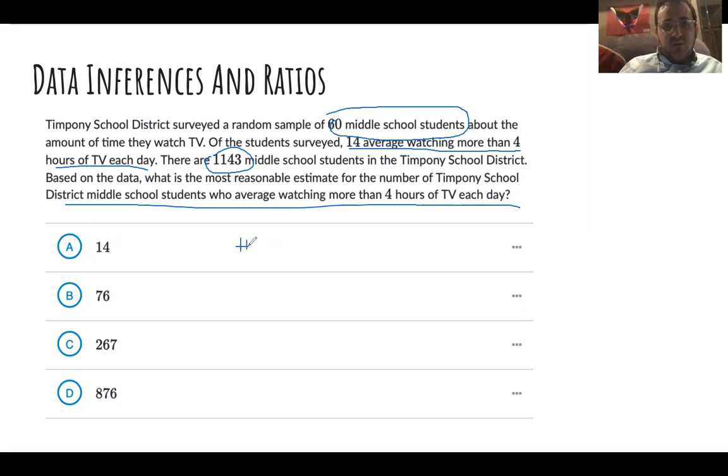So we want to think about, what are we comparing? We're looking at number of greater than 4 hour a day TV compared to total students. And in this first group here, we have 60 middle school students, of which 14 surveyed watch more than 4 hours of TV. And the question is, how many are watching more than 4 hours of TV in the school district?